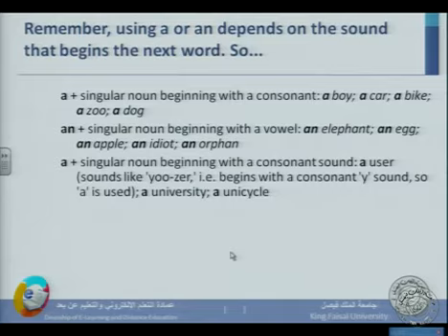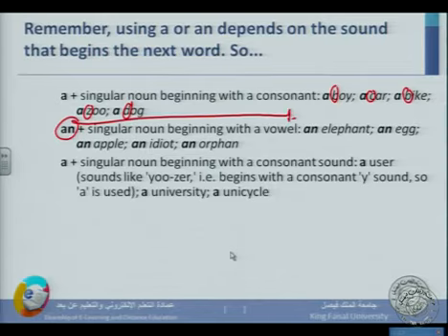So you need to look at the first letter of the next word. If it is a consonant sound, then you need to use a. However, we use an with a singular noun beginning with a vowel.